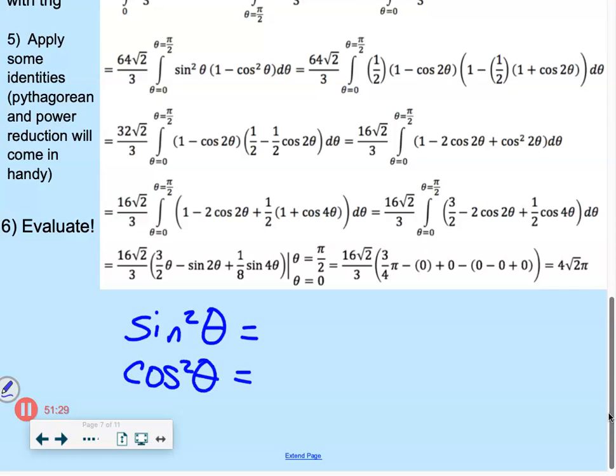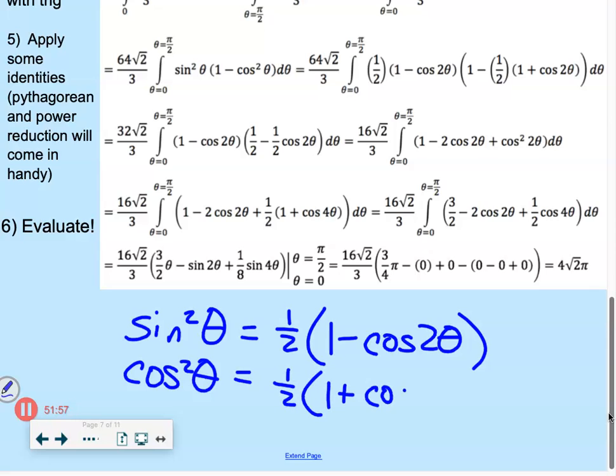So do you guys remember when you had to anti-differentiate cosine squared or sine squared? You had to do power reduce. That doesn't sound familiar? No? I even talked about Looney Tunes when I taught it. Okay. So anyway, sine squared is equal to 1/2 times 1 minus cosine 2 theta. And cosine squared is equal to 1/2 times 1 plus cosine 2 theta.